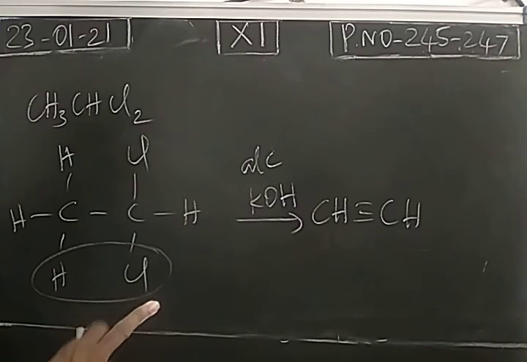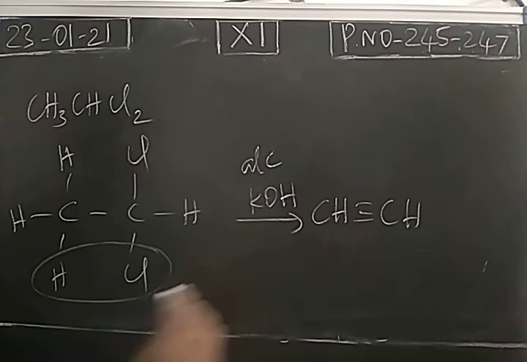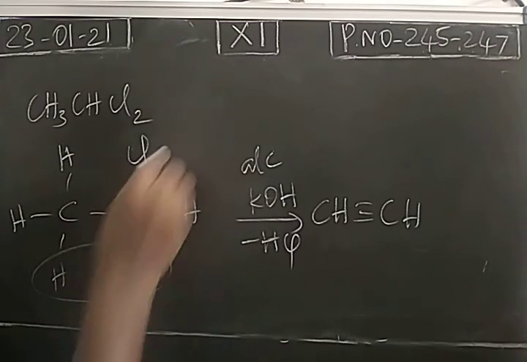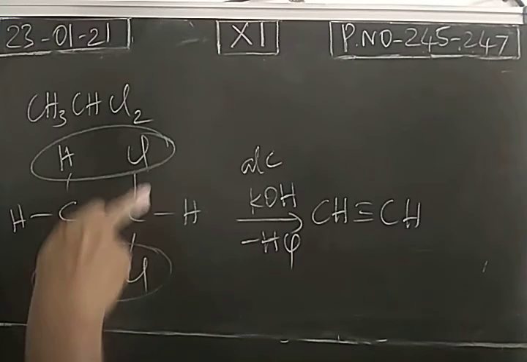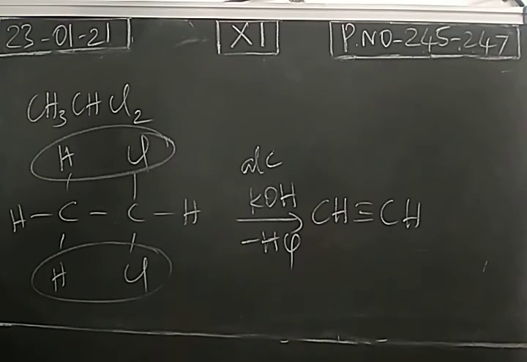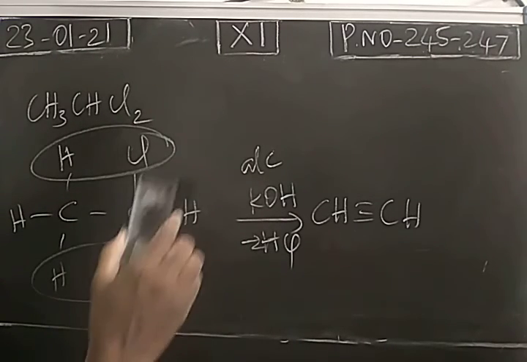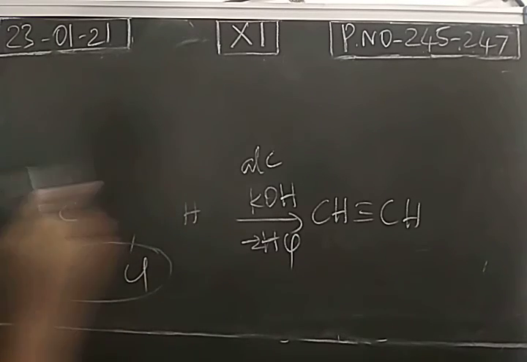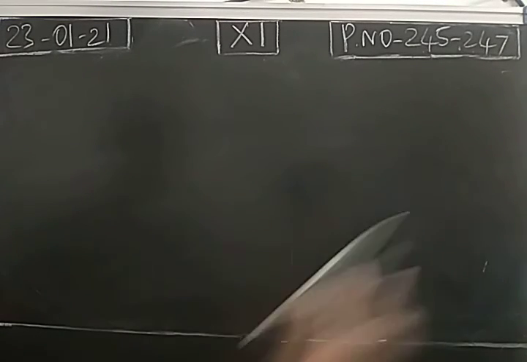From the alpha position a halogen and from the beta position a hydrogen is leaving. Then one more, from the alpha position a halogen and from the beta position a hydrogen is leaving. So we will get alkyne. This is acetylene or ethyne. The same reaction is possible for vicinal dihalide also.